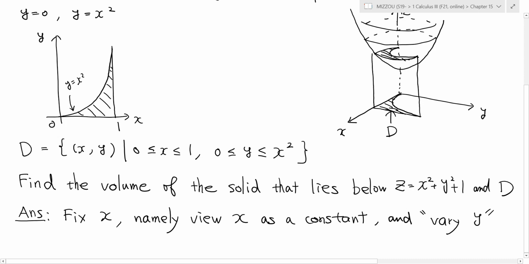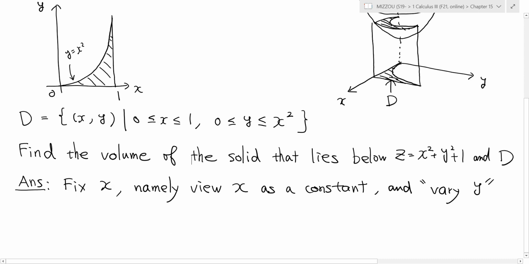But from what to what? Well, y is between 0 and x squared, so we just vary y from 0 to x squared.